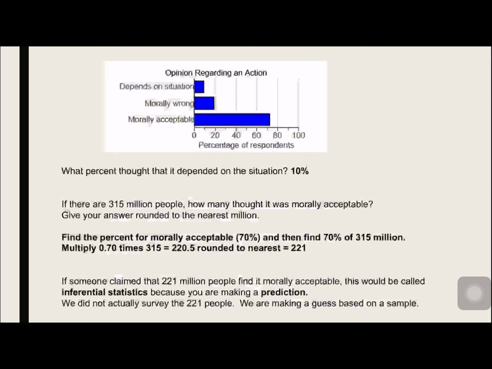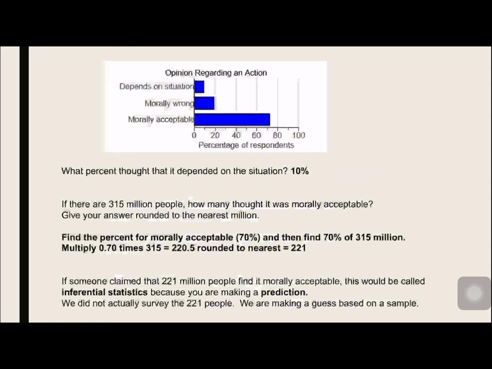If there are 315 million people, how many thought it was morally acceptable? Okay, so first, morally acceptable, we need to look at the percent, and we can see it's between 60 and 80, so we'll say 70%.